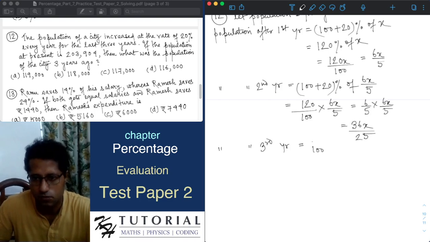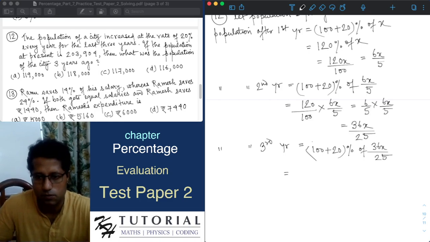Let's do it step by step. This will be 100 plus 20% of 36x by 25. This equals 120 by 100 multiplied by 36x by 25.